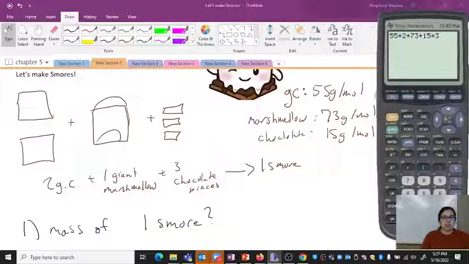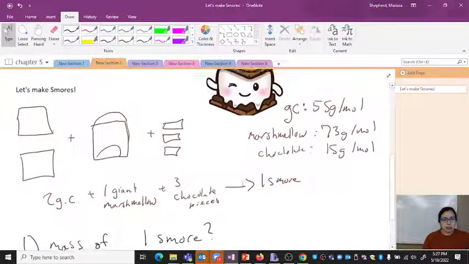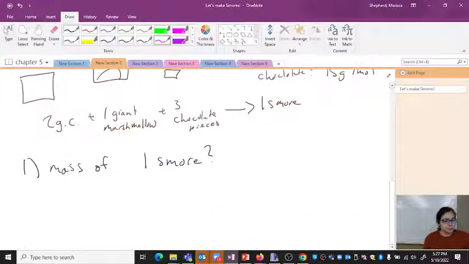Again, pretending that this is our molecular weight of everything. And so looks like everyone got the 228. And so we could also say that 1 mole of s'more is 228 grams per mole.